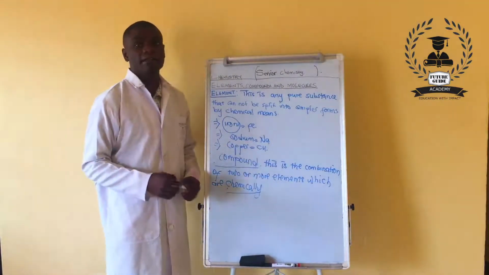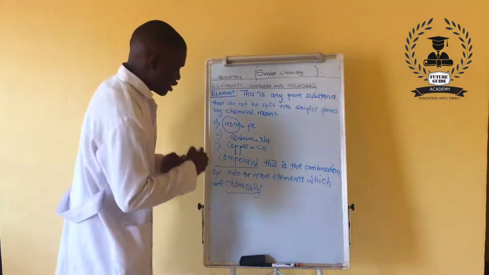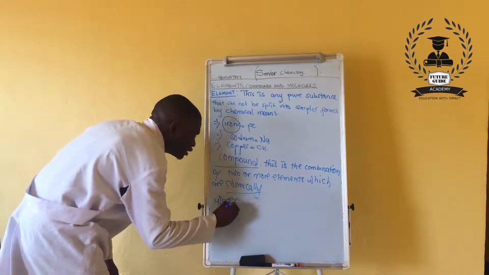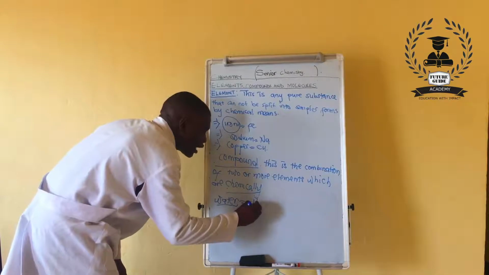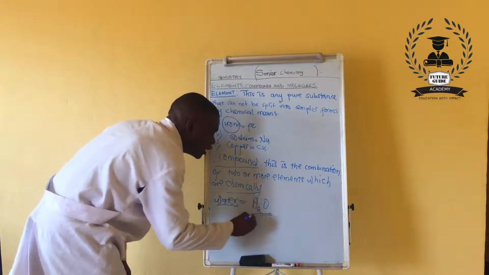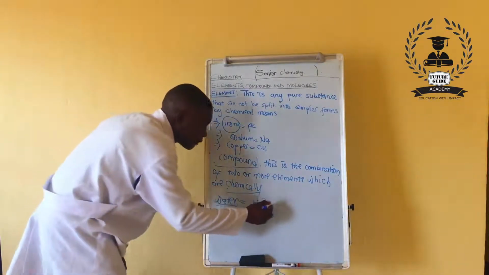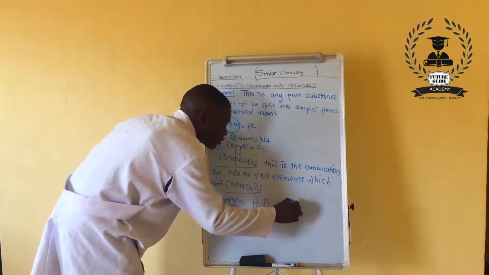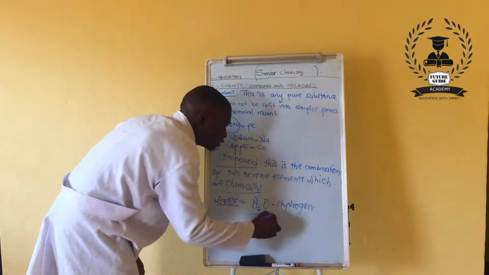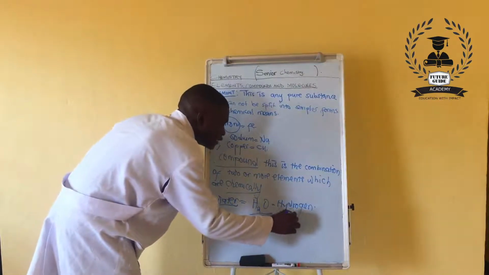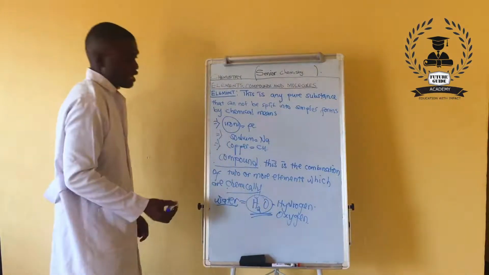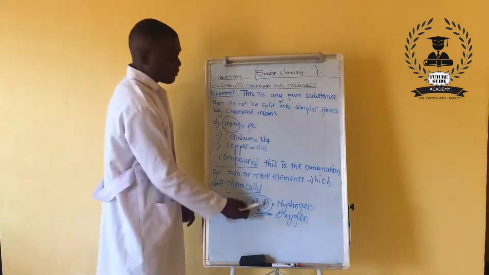Let's give an example of a compound. We have water, which is H2O. Here we've got two elements, which are hydrogen as well as oxygen. These two elements are chemically combined.